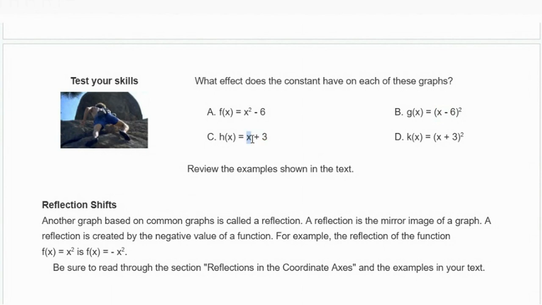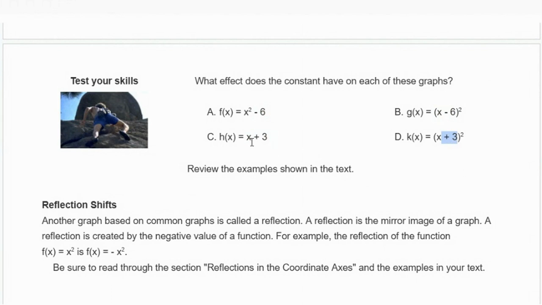So this is just a line. We're adding 3. Yeah. Doesn't matter what kind of equation it is. If we just add a number to the end, it does go up 3. Yes. And if we take the plus 3 and put it in the parentheses, yeah, it goes left 3.